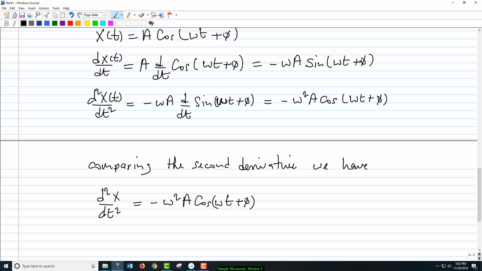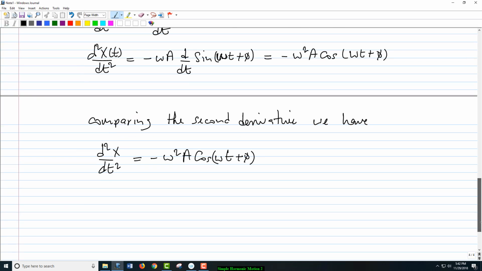And if we just compare this to our original differential equation, our differential equation was written as d squared x dt squared, which was equal to minus omega squared x, where x was equal to A cosine omega t plus phi.